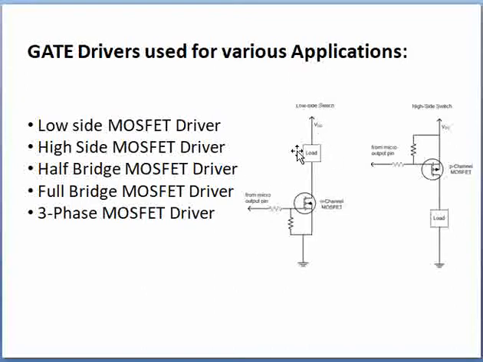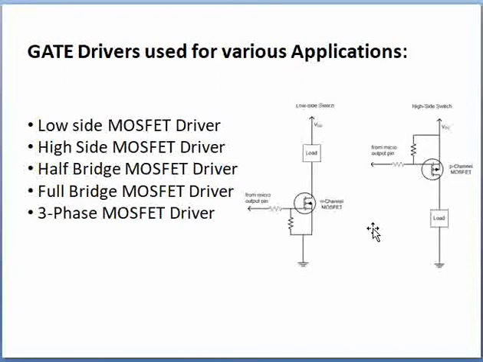Such a configuration is called a low side driver, whereas in a high side driver the power supply is directly connected to the MOSFET, a P-channel, and the load is connected to the ground, so the load is between the high side MOSFET and the ground. Such a circuit is called a high side MOSFET.